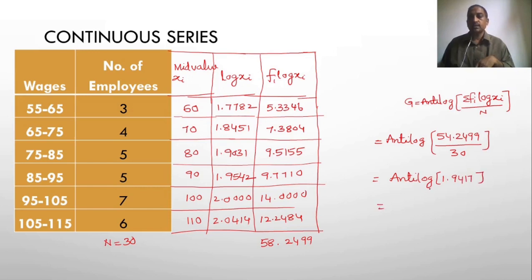So you have to find the anti-log of 0.9417, which is 8744. This is 1 point, that's why after two digits you have to put a decimal point. So the geometric mean of this data is 87.44.